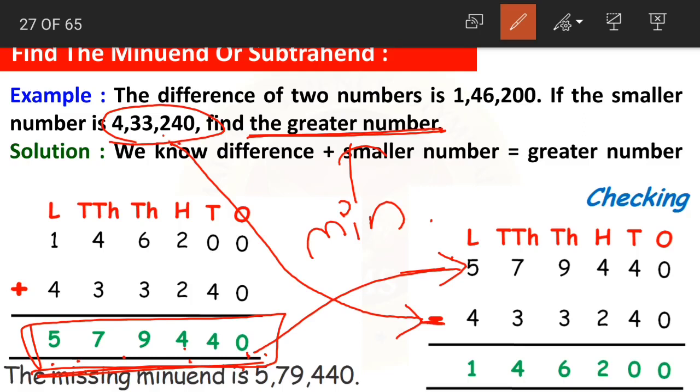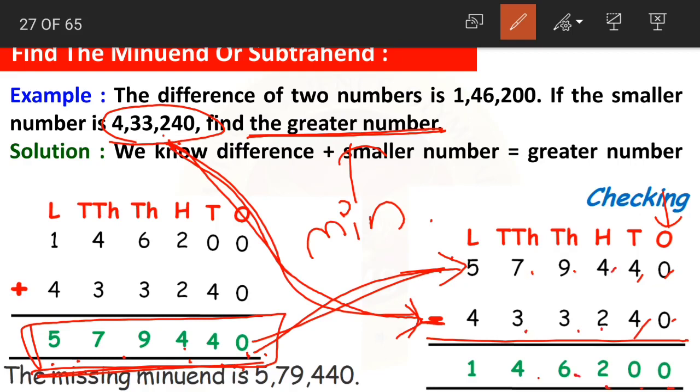This is our subtrahend. Let us subtract. From the ones place, 0 minus 0, 0. Again 4 minus 4, 0. 4 minus 2, 2. 9 minus 3, 6. 7 minus 3, 4. 5 minus 4, 1.